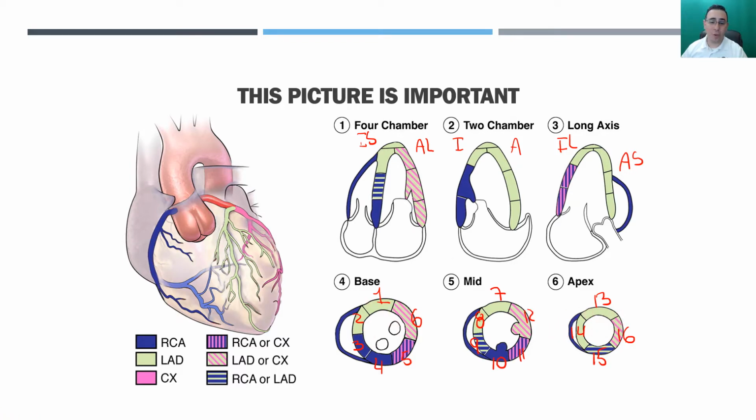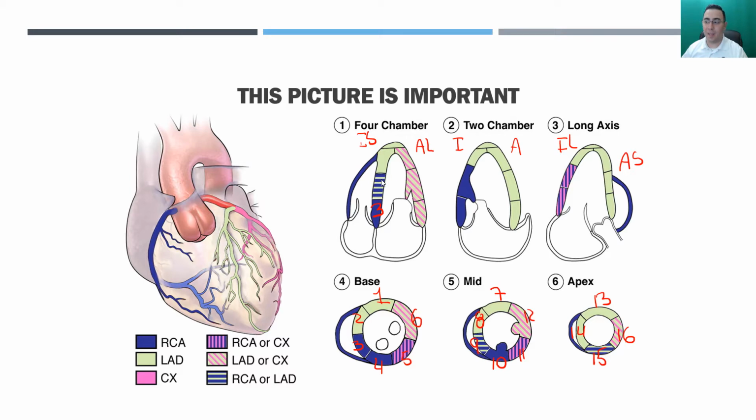So let me use numbers so you will understand this. All right, let's say this one is base from the infraseptal wall. So we're going to call this one what? Basal infraseptal. So it has to be which number? Let's go here. Basal infraseptal has to be number 3. So this one here, we're going to call it what?